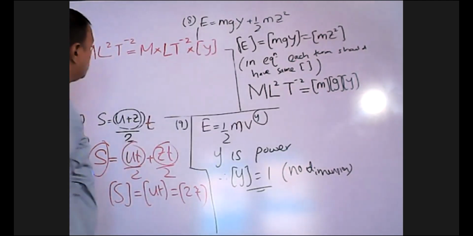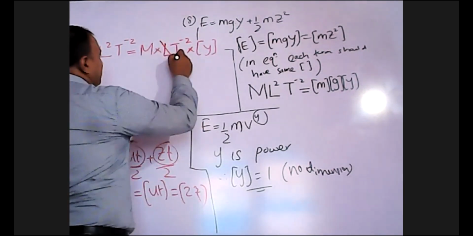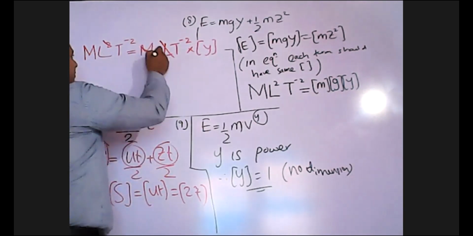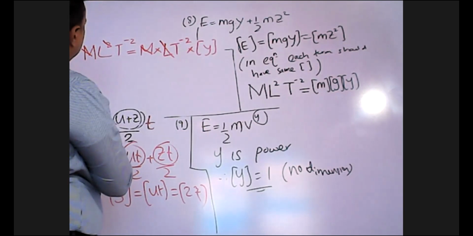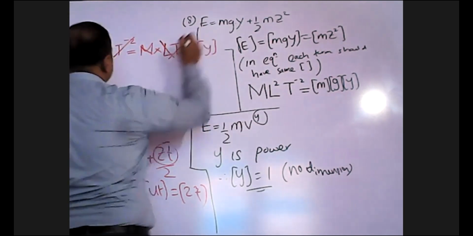Dimension of y. Now you should simplify this one. Here there is an L, L² to 1 L will be cancelled out, M to M will be cancelled out, T⁻² to T⁻² will be cancelled out.